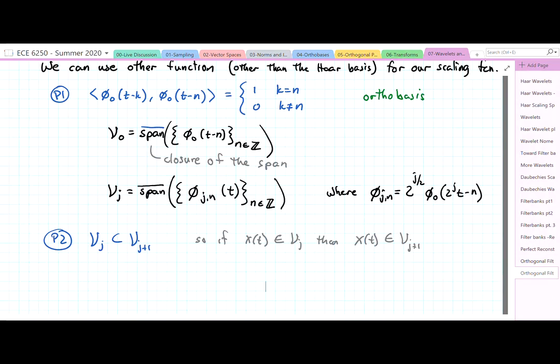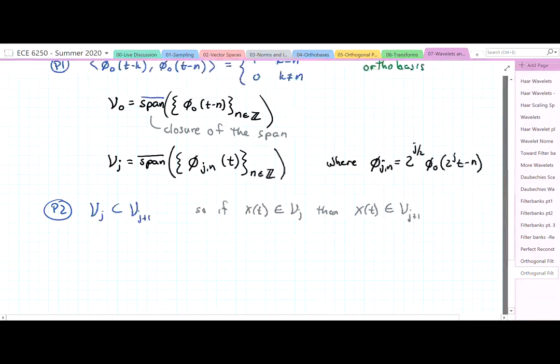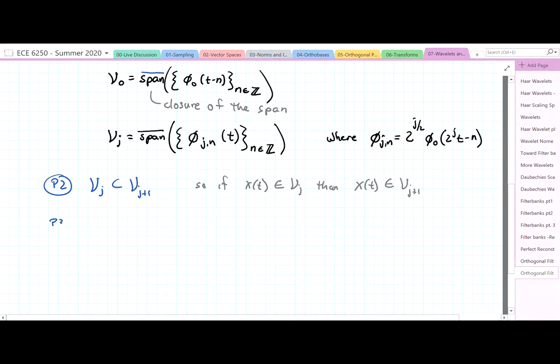Now, lastly, we want P3. We would really like all of these approximation spaces taken together.